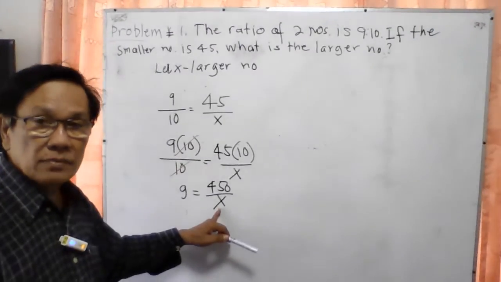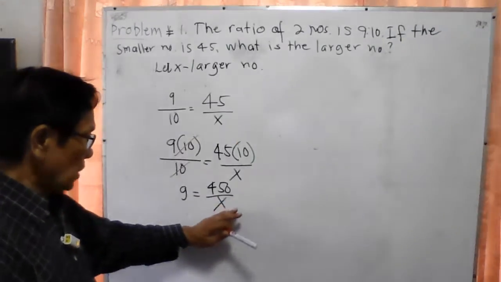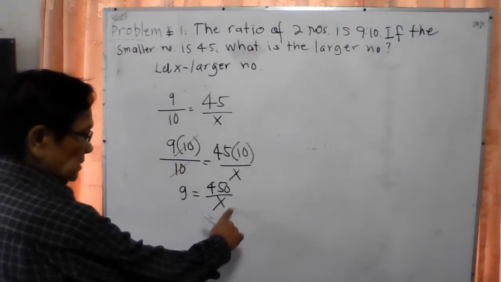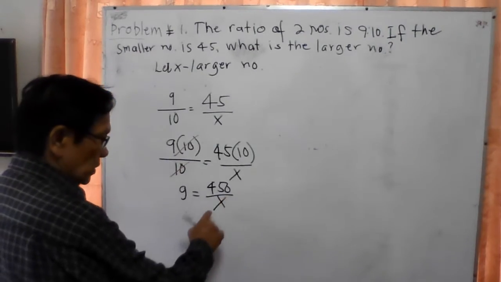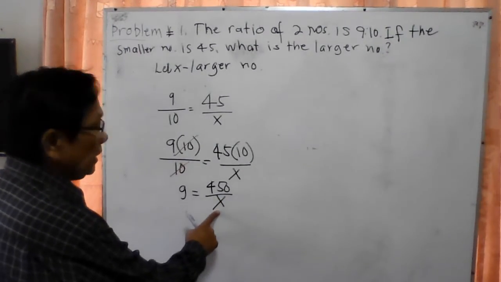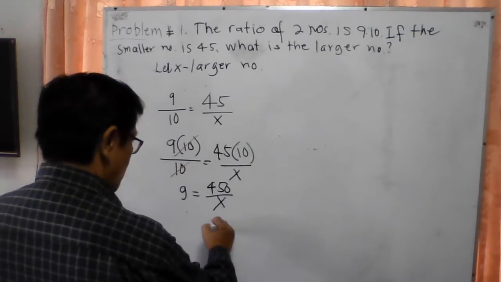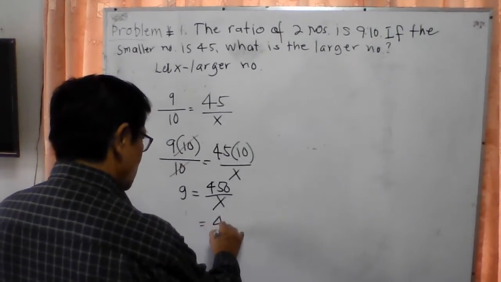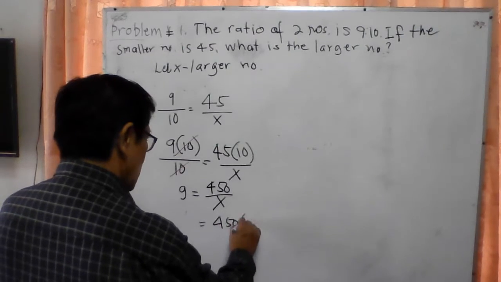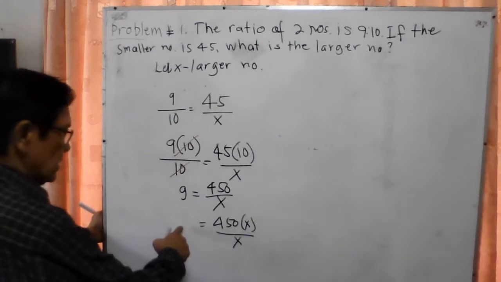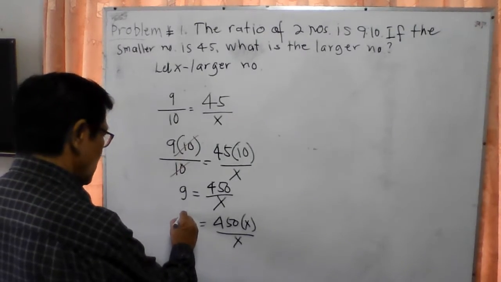So what we do is multiply this side by x, so that it will cancel out, and at the same time, multiply this by x. So if you have 450 times x over x, then you do the same thing here, 9 times x.